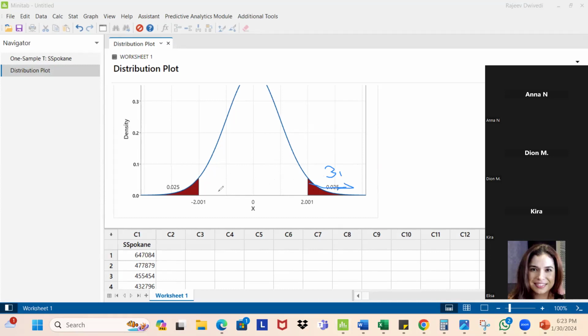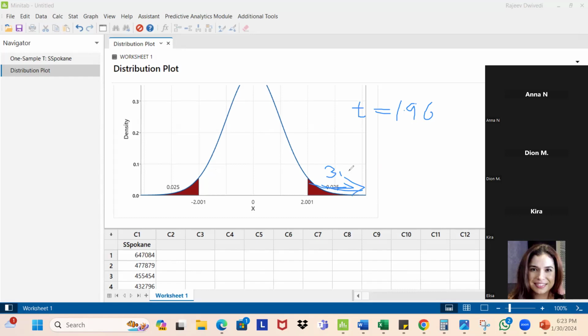Suppose our t value is, let's say for a minute, 1.96, which is within the range of -2 to +2; then our null hypothesis is accepted. But our t value is 3 point something, which is in the rejection region.